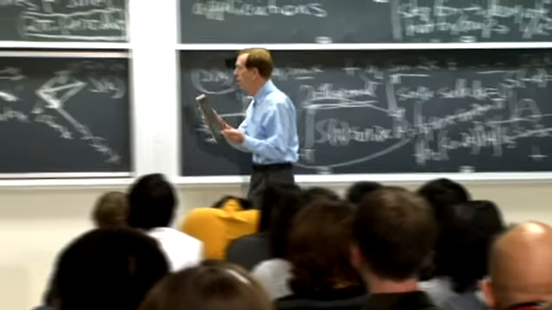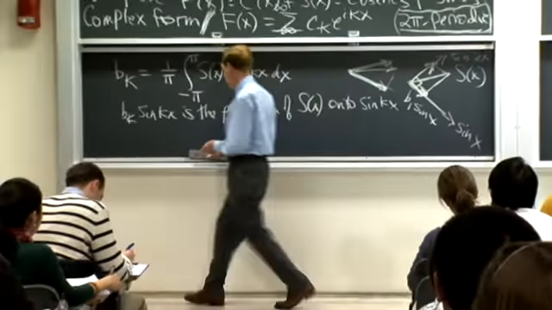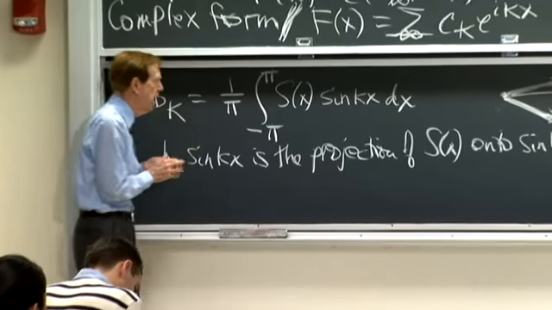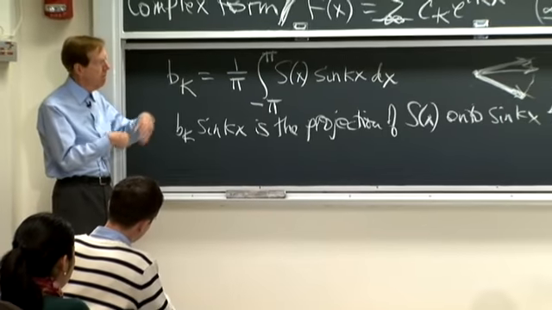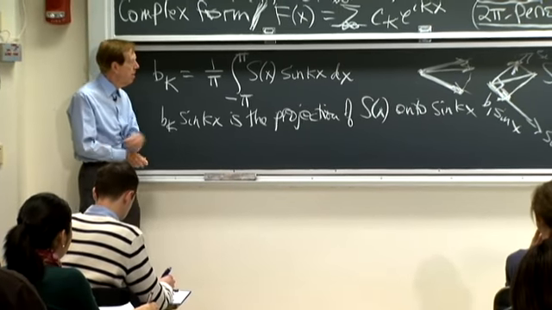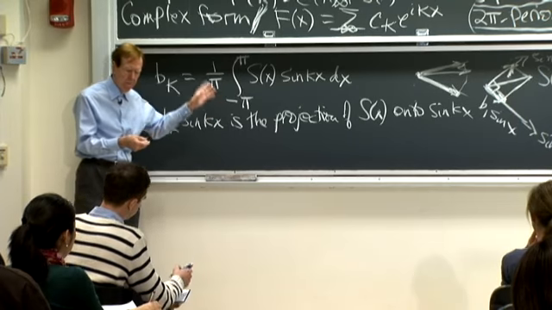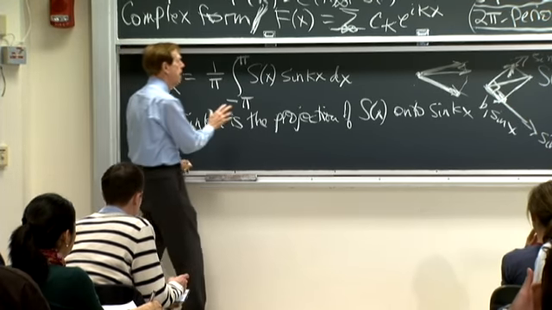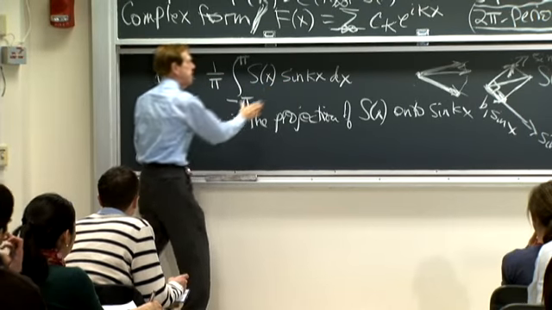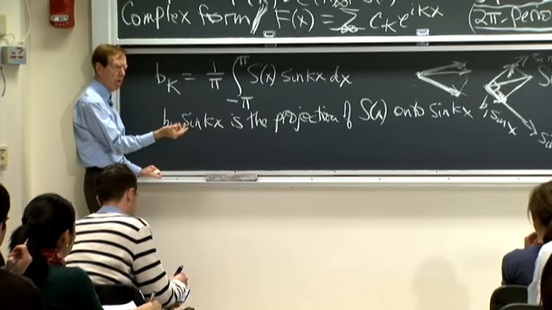Oh, one little point here. Well, not so little, but it's a saving. It's worth noticing. The reward for picking off the odd function is, I think, that this integral is the same from minus pi to 0 as 0 to pi.